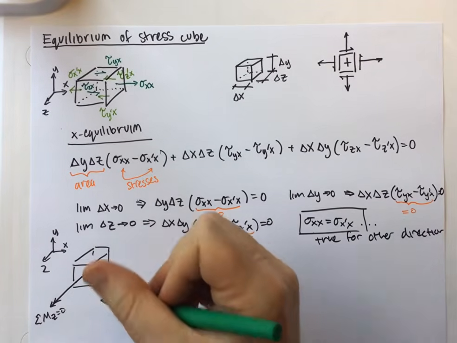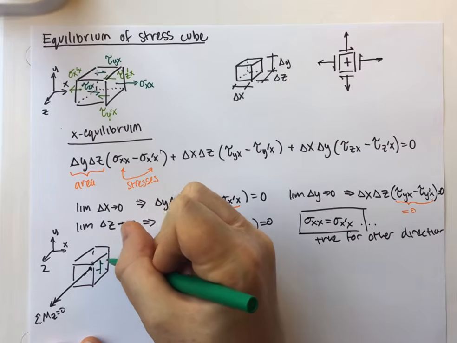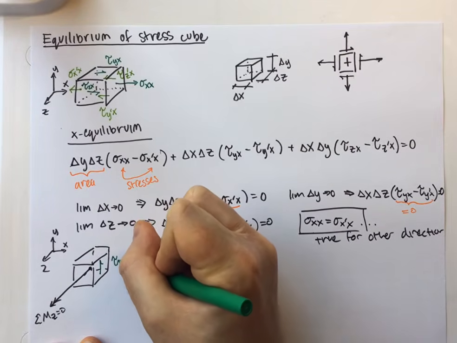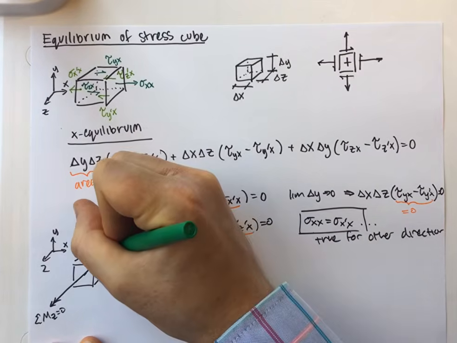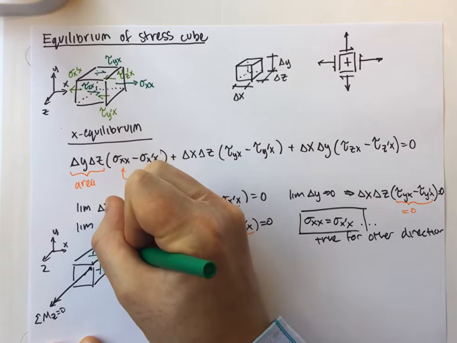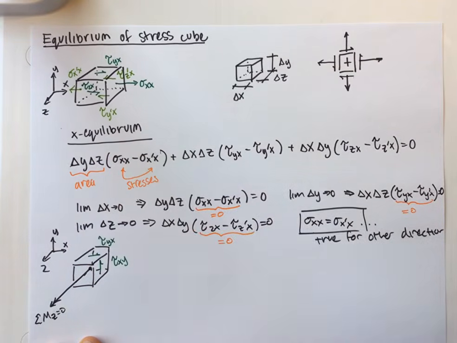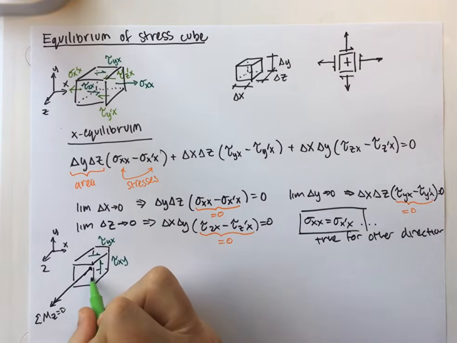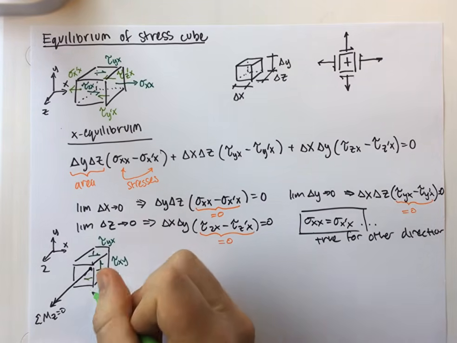All right, and so now I'm going to draw my arrows. On the front, I have tau xy, and I have tau yx. I'm also going to have equal stresses on the bottom.